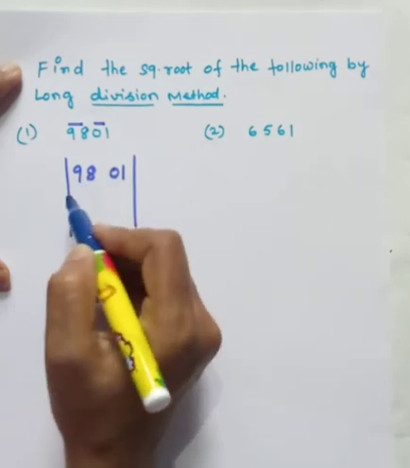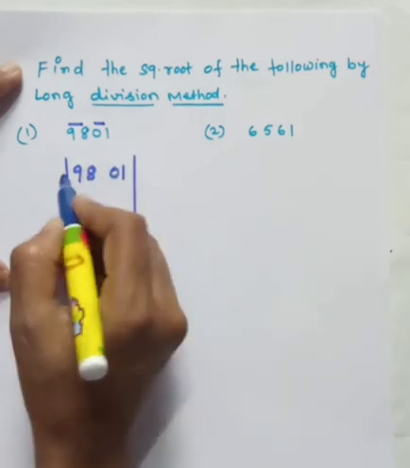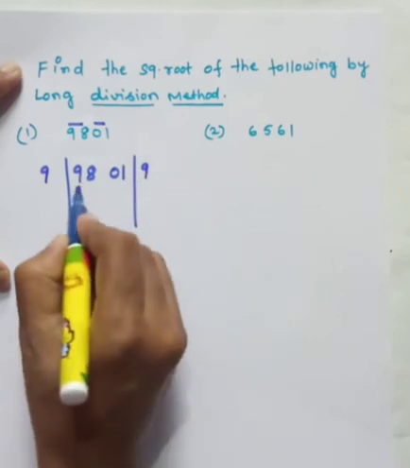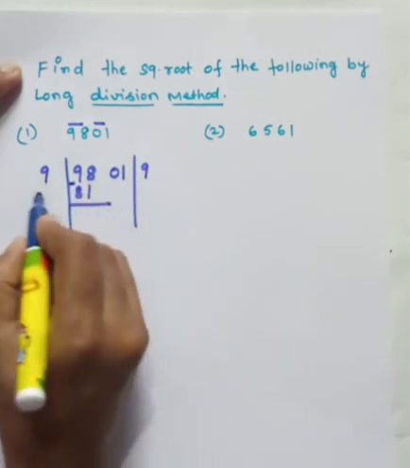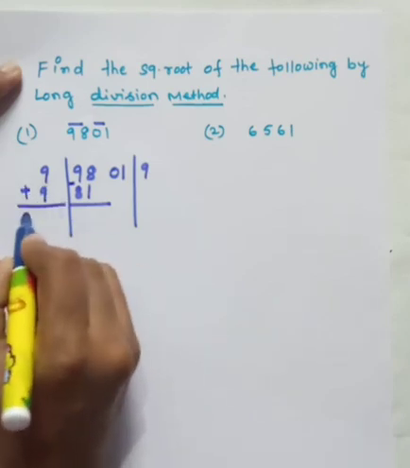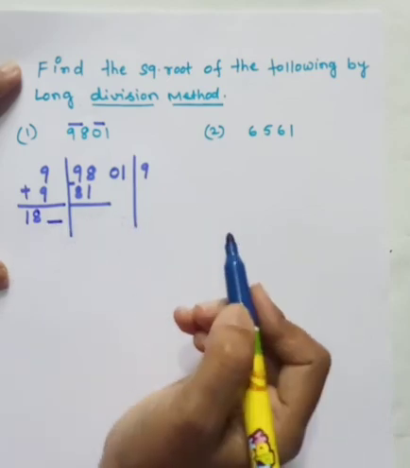Let us start. 9 nines are 81 and 10 tens are 100. So first we will take 9 nines are 81. We shall subtract here, then add 9 here. Okay, so we will get 18 and one place will be kept vacant for our next step.